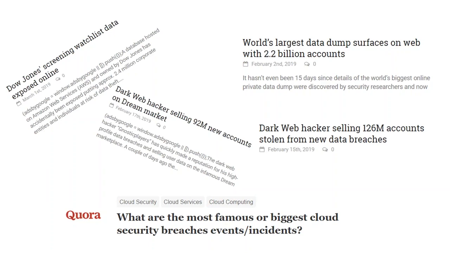Talking about cloud specifically, many of these headlines around data leakage or data breach activities are due to misconfigured buckets on different cloud service providers, or human error when configuring these cloud environments.